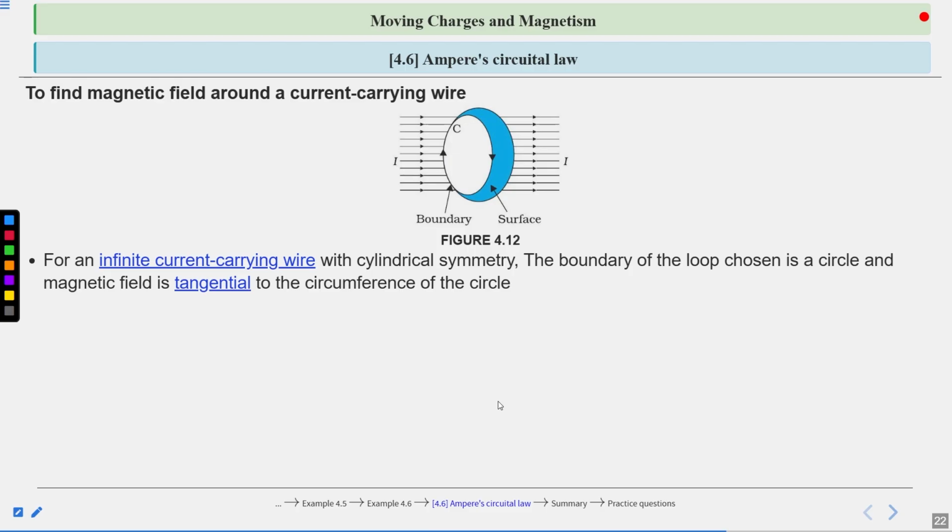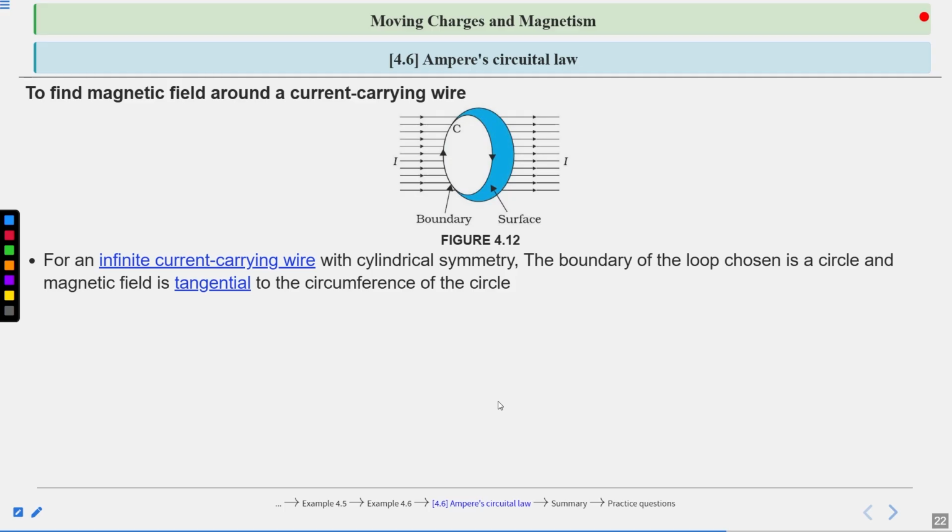So the magnetic field at this Amperian loop will be tangential. At each and every point on this loop, the magnetic field will be tangential to the circumference of the loop chosen. That is called the Amperian loop.